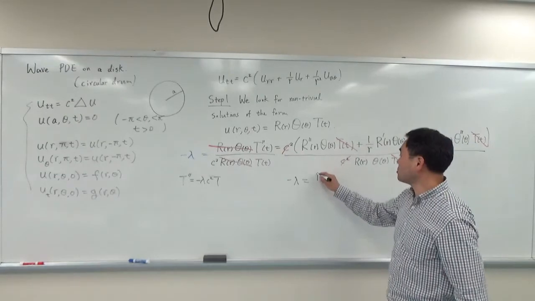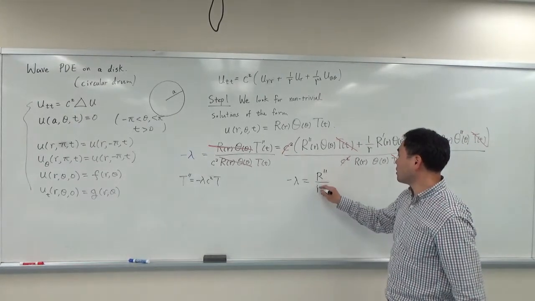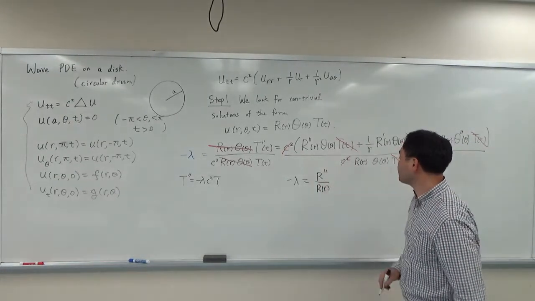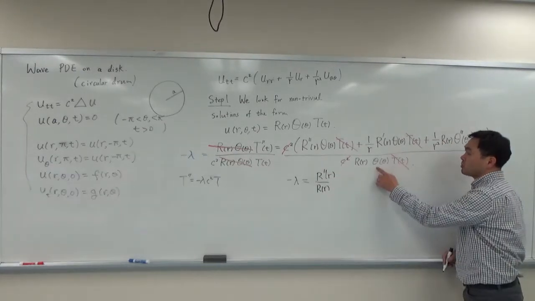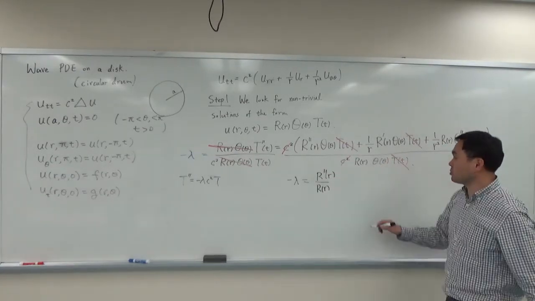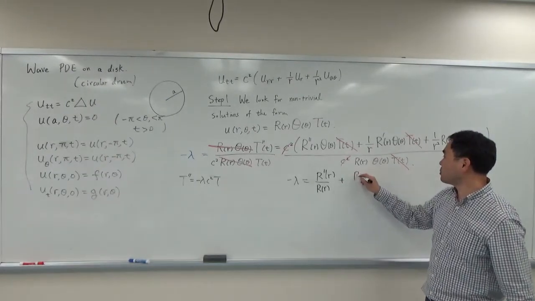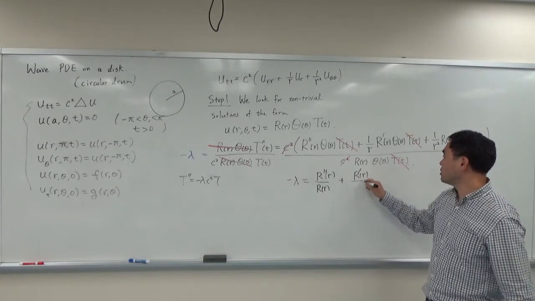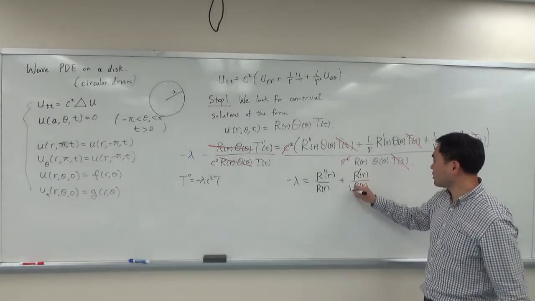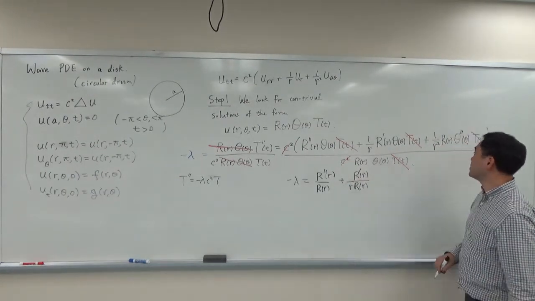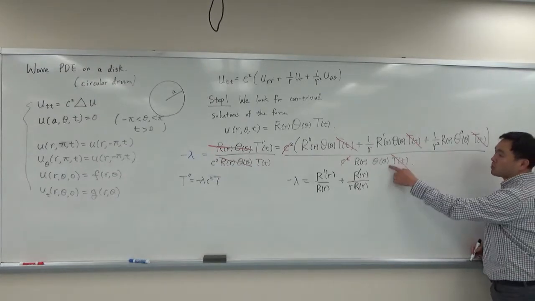So you have r double prime of r over r of r, right? And then you have this over this, theta theta cancel. So you have plus r prime of r over r of r, but there's an r here. Okay, and then you have this over this.